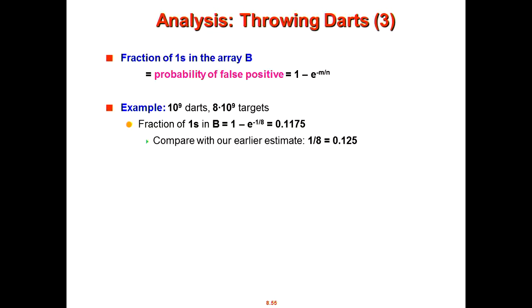There are some errors. What is the probability of the error? That's this value, the probability of false positive. With this probability, you may output a wrong result: it is not in S, but you report it as a result. But anyway, you still filter out the elements not in S correctly.